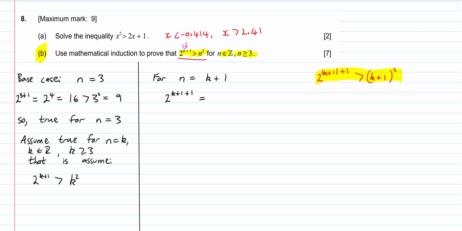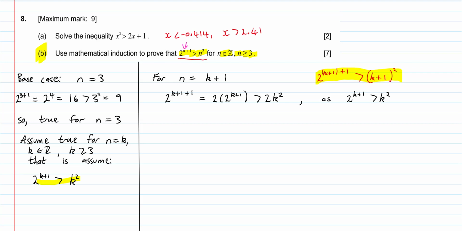Well, that is equal to 2 times 2 to the power of k plus 1. And that is going to be greater than 2 times k squared. And that is just from our hypothesis statement down here, where we have assumed that 2 to the power of k plus 1 is greater than k squared. So we can write that in.